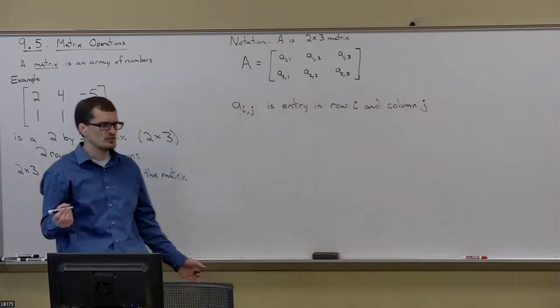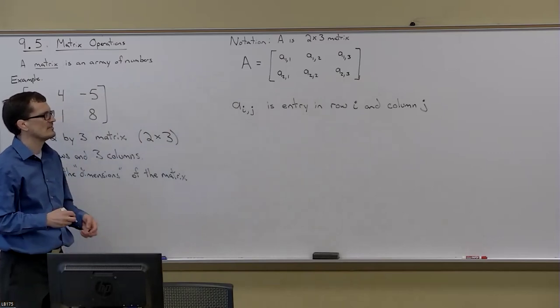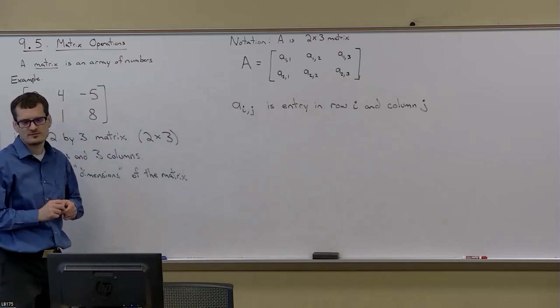So row i, column j. That's the standard notation for a matrix.